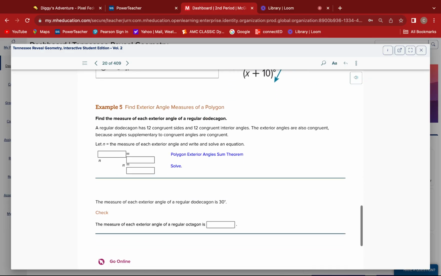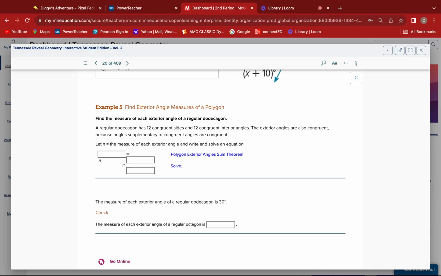All right. Let's see. Example number 5, I'm on the bottom of page 408. All right, it says, find the measure of each exterior angle of a regular dodecagon. Regular means that these 12 are all going to be equal to each other. All right, so, okay, super secret shortcut way.